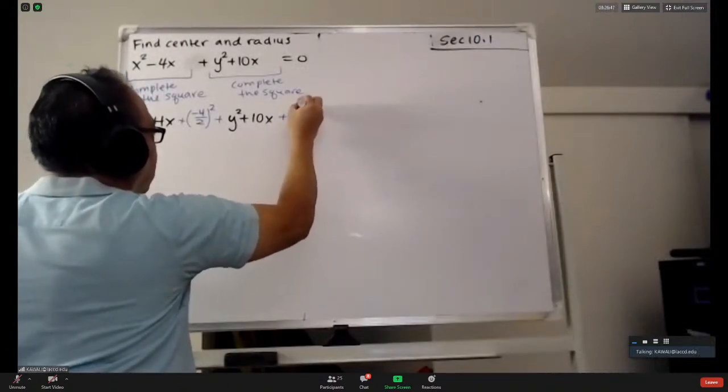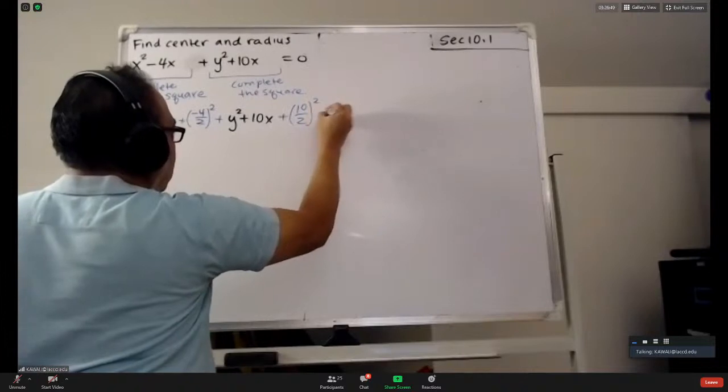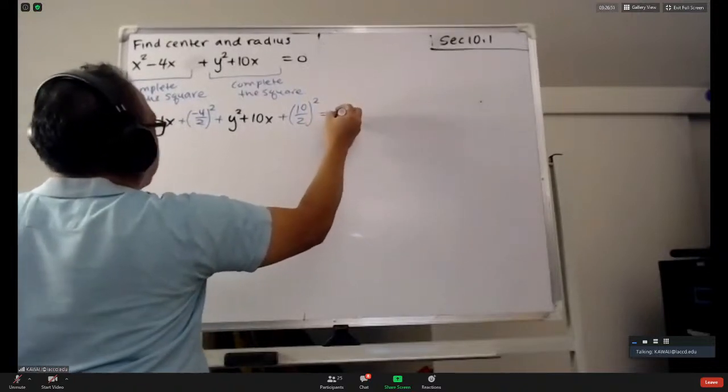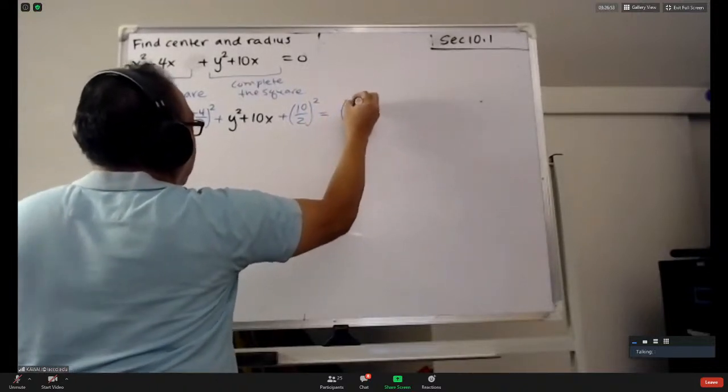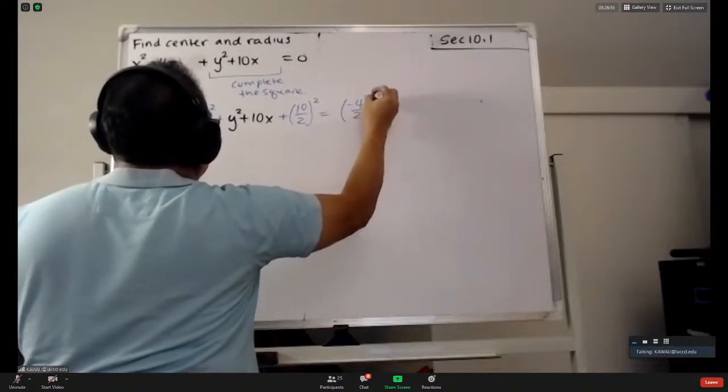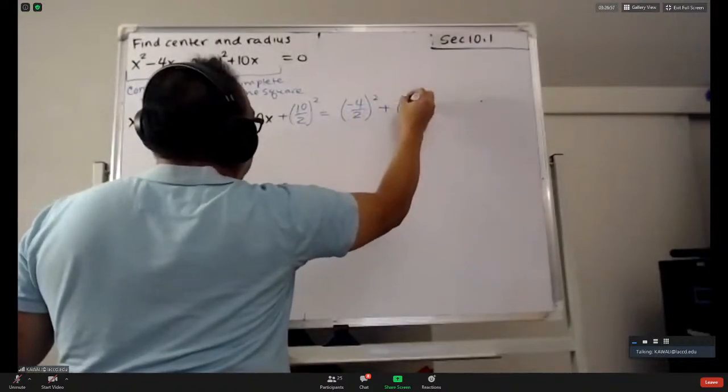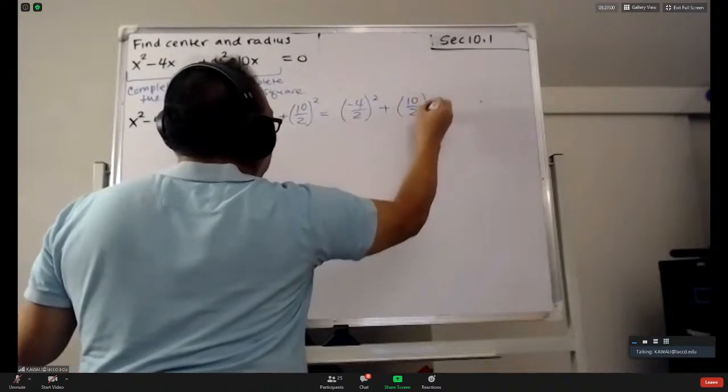Plus 10 divided by 2 squared is equal to negative 4 divided by 2 squared plus 10 divided by 2 squared.